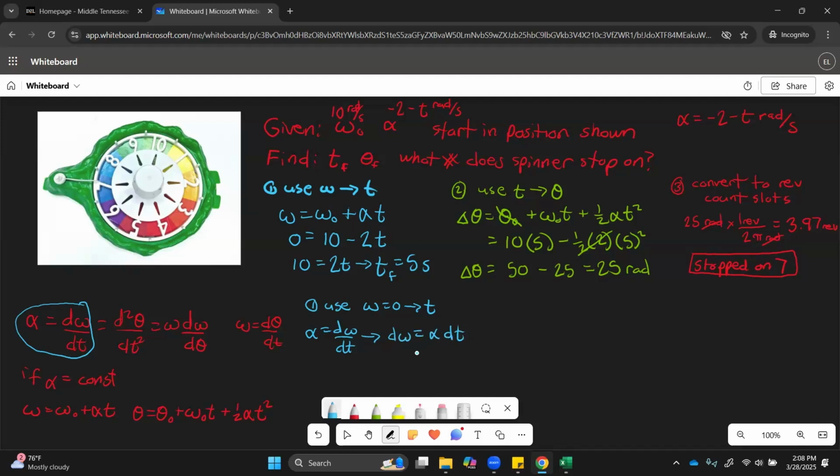So d omega equals the whole thing, negative 2 minus t, dt. Then we'll integrate this from omega initial to omega final, and on the other side from 0 to t final.